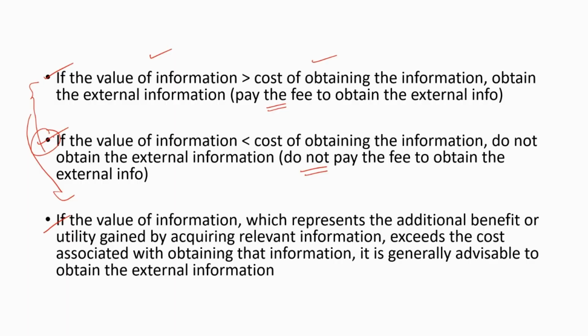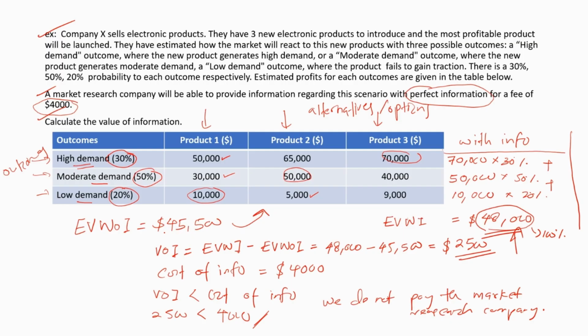The second point: if the value of information is less than the cost of obtaining the information, do not obtain the external information. Simply this means do not pay the fee to obtain the external information. So the business has to make the decision based on their own information, which is this value, because this expected value was calculated without the information. So the business has to make the decision based on this expected value.